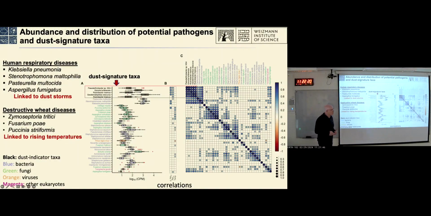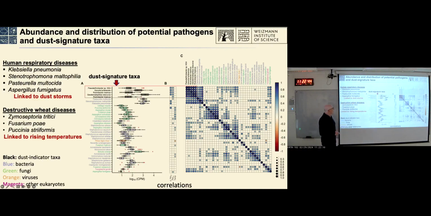It's very difficult to quantify because anyhow, you don't have many. But we look at correlations between their abundance and the species that we call dust signature taxa. We found that there are specific soil-dwelling bacteria that are always there when we have dust storms. So when we have them, we know that these species come from dust.